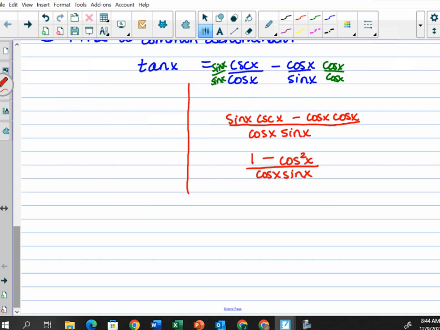Like sine of x, cosine of x. Sine squared. They have the same denominator. That's what I multiplied by to find the common denominator. Sine squared, yes.